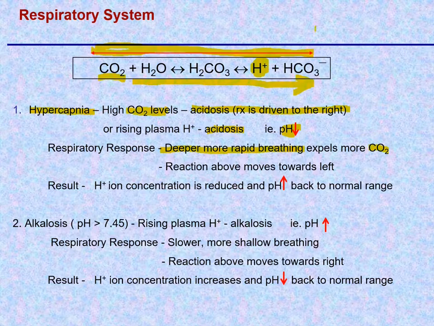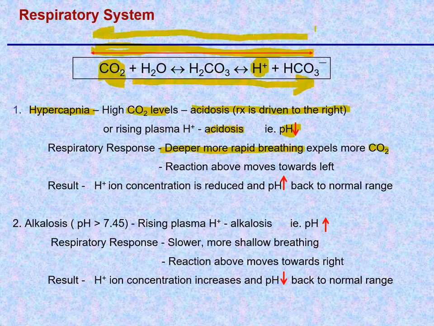As a result of getting rid of more CO2, the reaction should go from right to left, so you get rid of hydrogen ions and the pH goes up. That would move the reaction towards the left. Hydrogen ion concentration would be reduced and pH would rise back into the normal range if the person breathes deeper and faster.